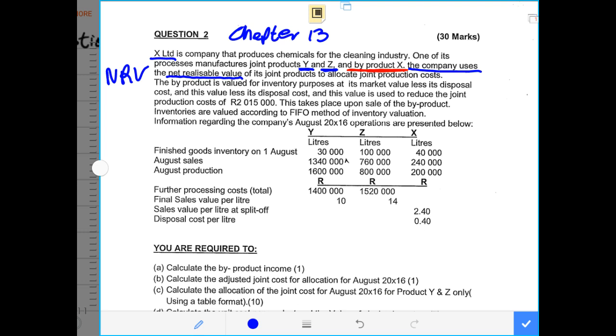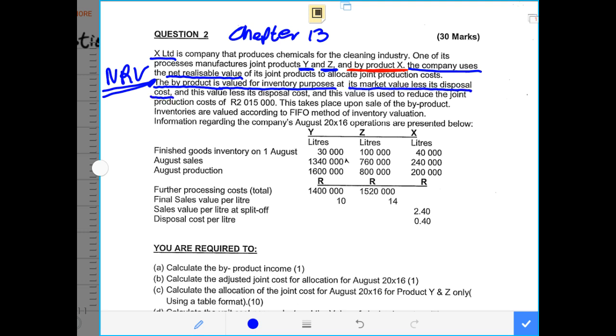And then it further says that when we allocate the joint cost, we must use the net realizable value that I have noted. And it says the byproduct is valued for inventory purposes at its market value less disposal cost.